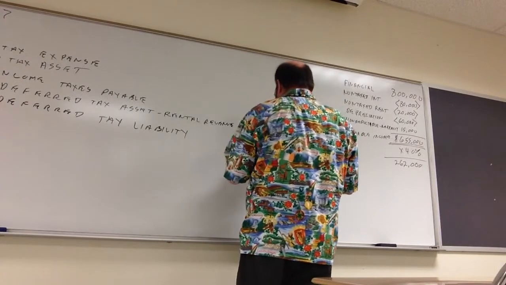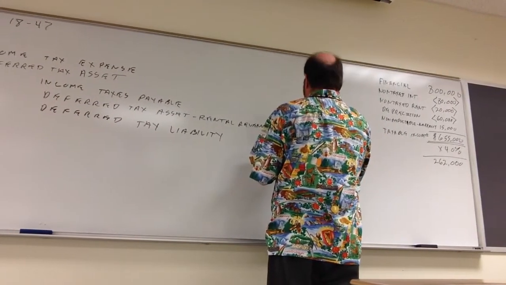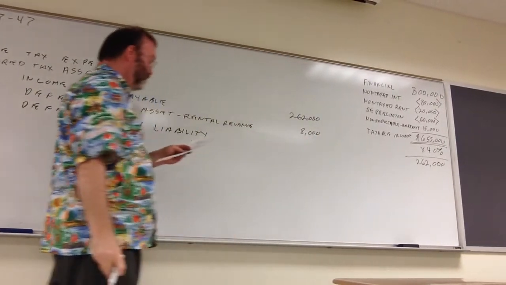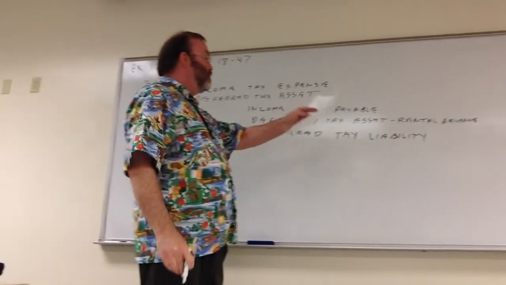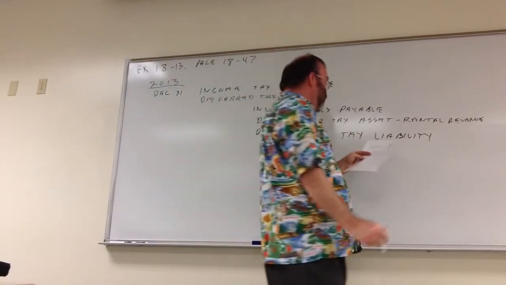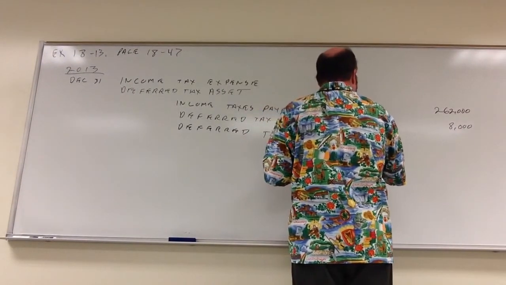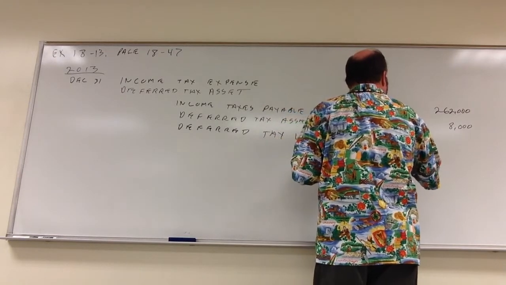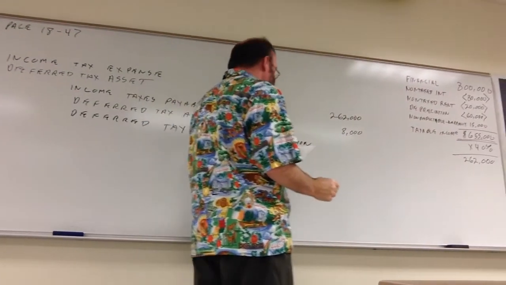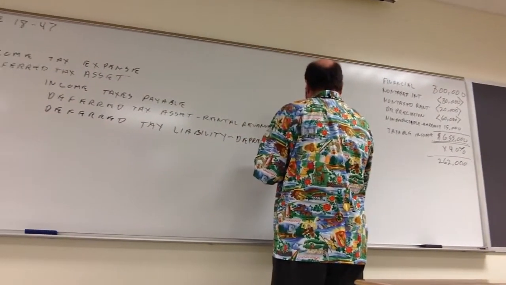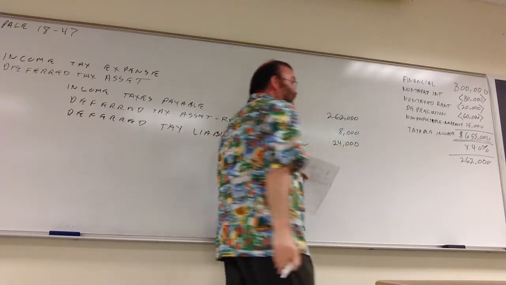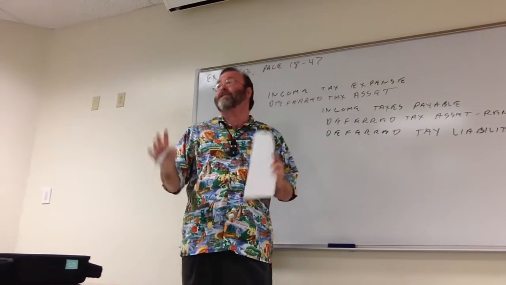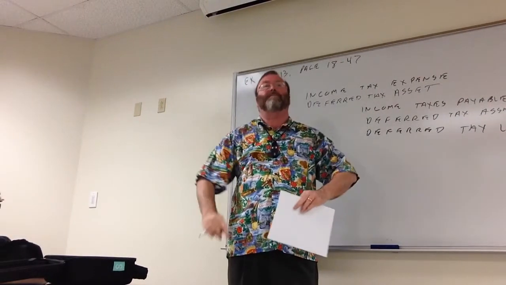So 20,000 times the 40% is $8,000. Then the depreciation is going to create a deferred tax liability. The 60,000 times 40% is 24,000. And that's a credit because we're taking more depreciation for tax now, but eventually we're going to have to pay it back.